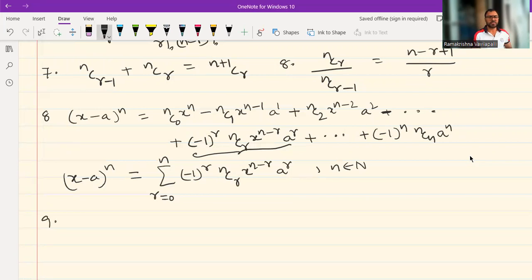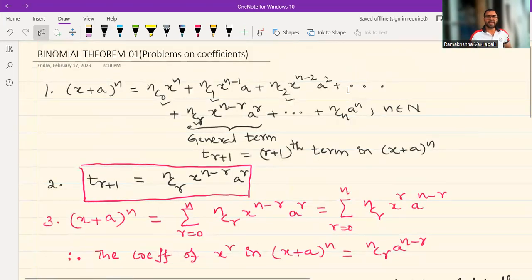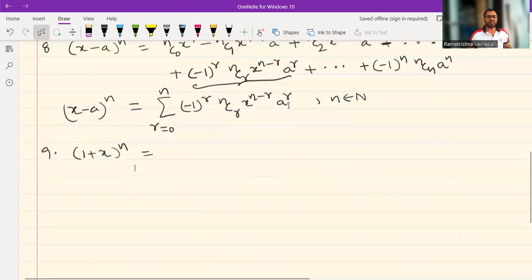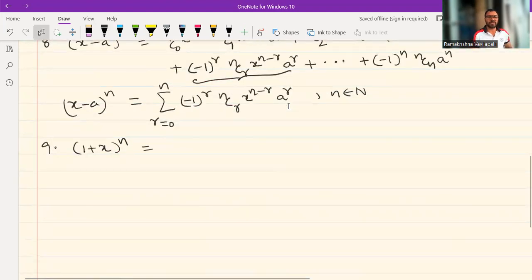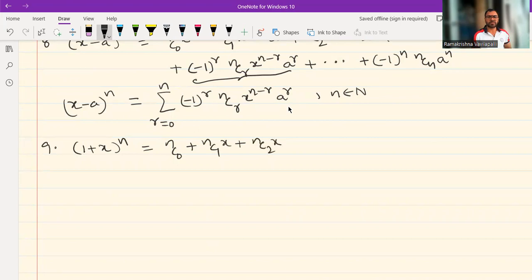The ninth point is how do we expand (1 + x)^n. Here, in this expansion, just substitute a equal to 1. So (1 + x)^n, this expansion is very, very important: nC0 plus nC1 x plus nC2 x^2 plus and so on.